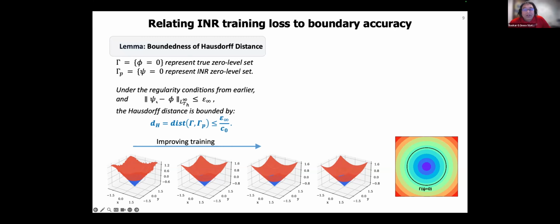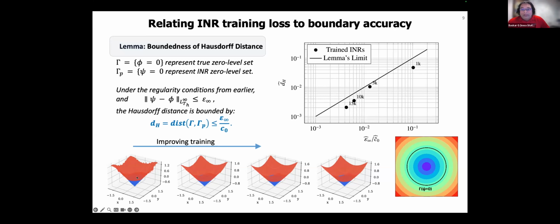Training loss essentially is: I have my true level set and my learned level set, I sample at a dense sampling of points in my domain, and the error between them over the level set field is bounded by epsilon naught. What we show is that the Hausdorff distance between the true surface and the INR surface is bounded by this epsilon naught. These figures on the left are the trained INRs, and empirically they follow this lemma.